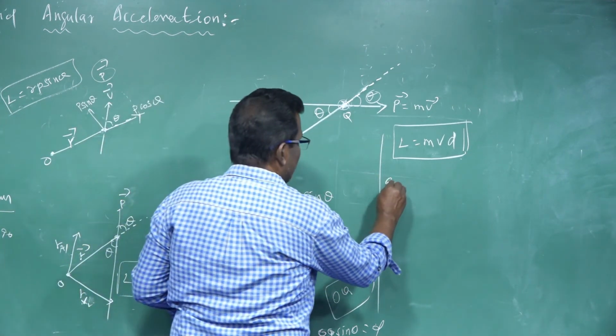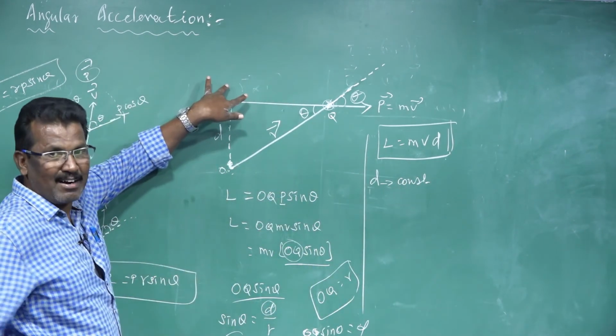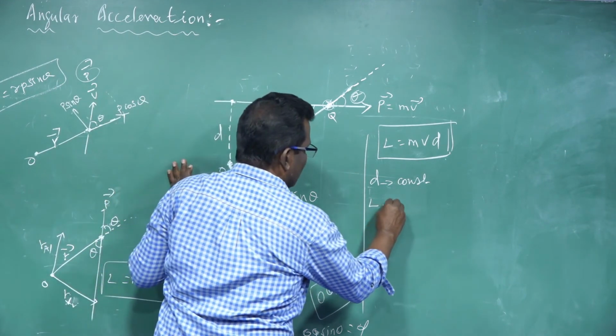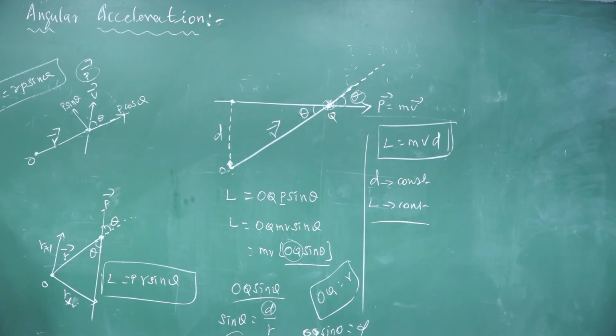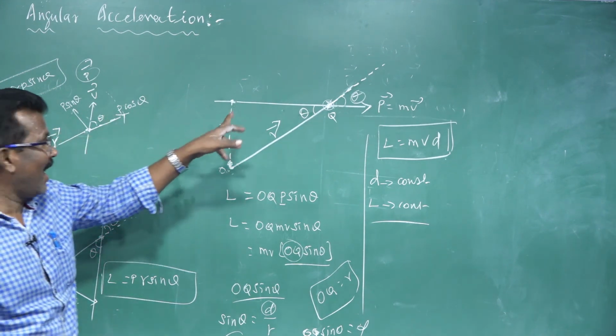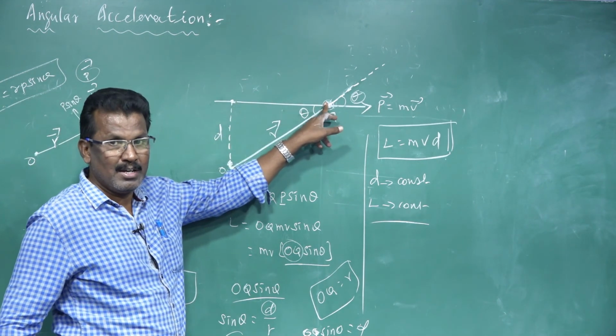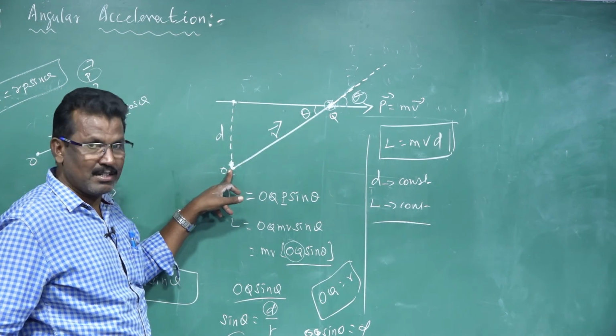If d is a constant, L is also constant. So the angular momentum is calculated for the particle moving in a straight line at any instant, from the point where the origin is fixed, at a distance from the straight line path.